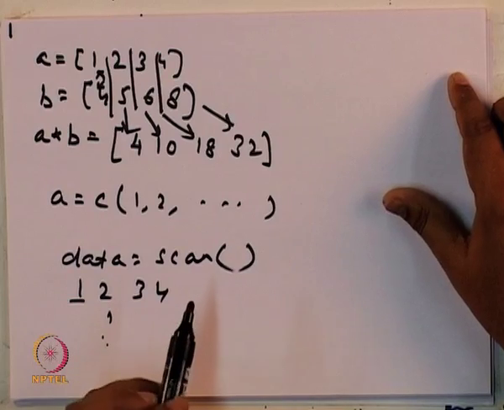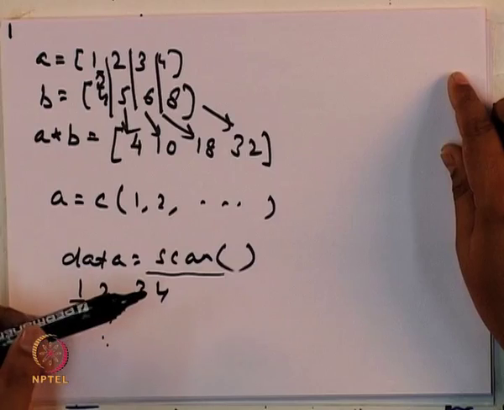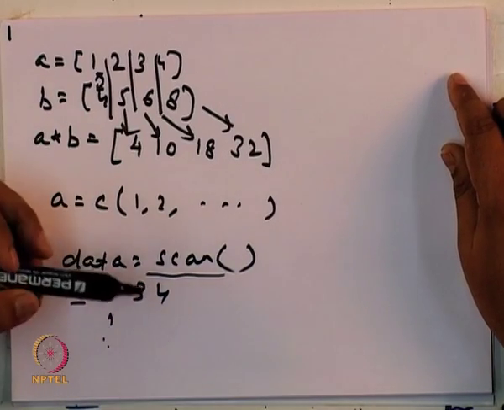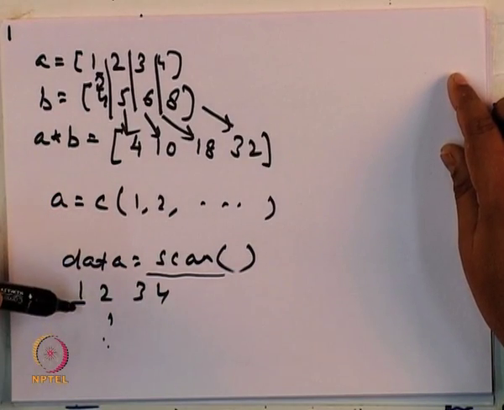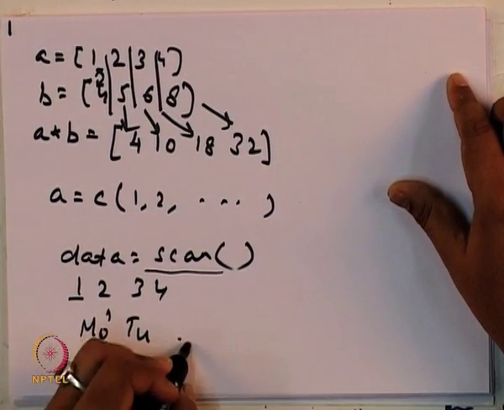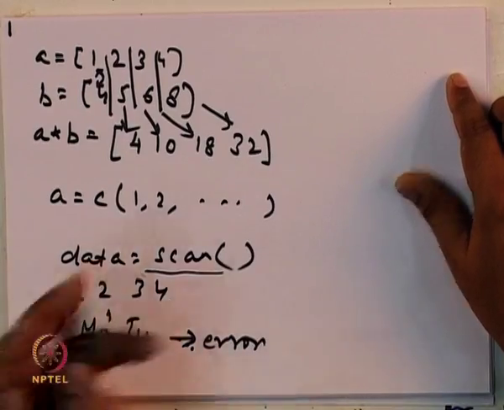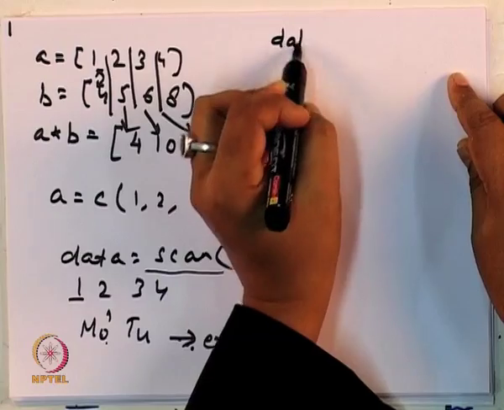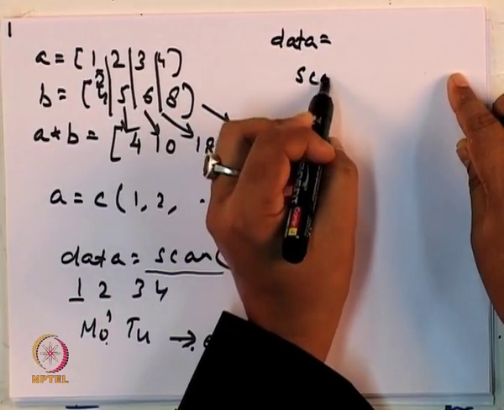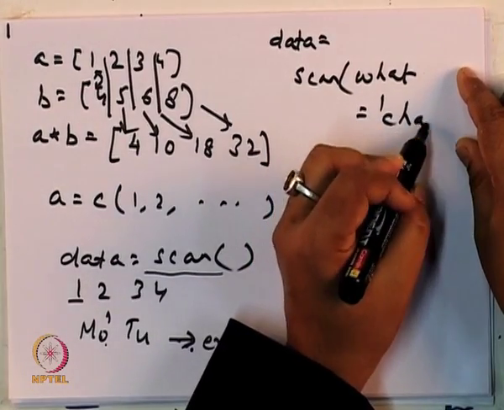Okay. Most important thing to note is that when you write the function scan, by default the software assumes that these numbers are real. So if I write Monday or Tuesday, then immediately this will give an error. The way around it is to write data is equal to scan with an additional term, what is equal to char.